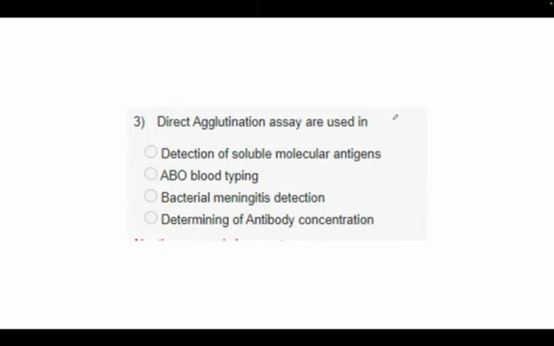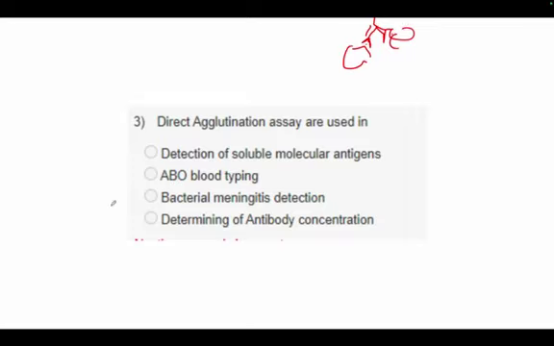Direct agglutination assay is used in dash. So, direct agglutination assay is when we have a sample which has some antigen. We are going to add a very high concentration of antibodies, and these antibodies are going to cross link. Okay, so we have maybe a polyclonal antibody which is going to cross link the different antigens and form a precipitate.